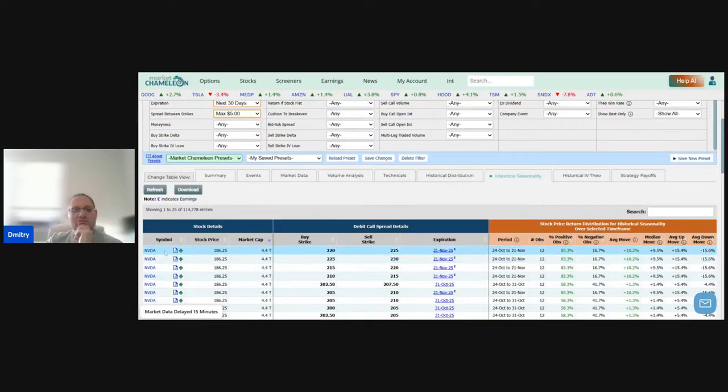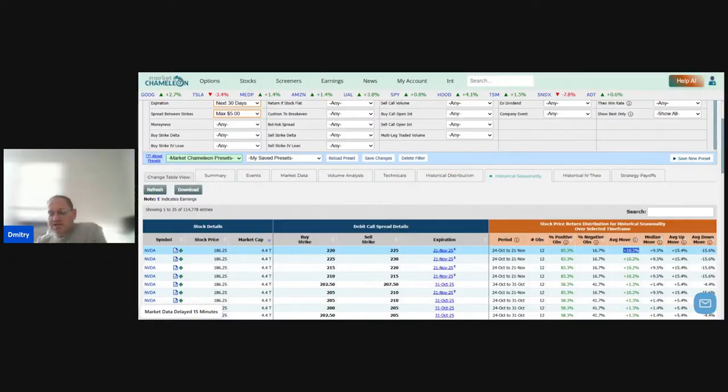In November, in NVIDIA, over the last 12 years, 83% of the time it was higher, 16% lower, and the average seasonal move was up 10%.